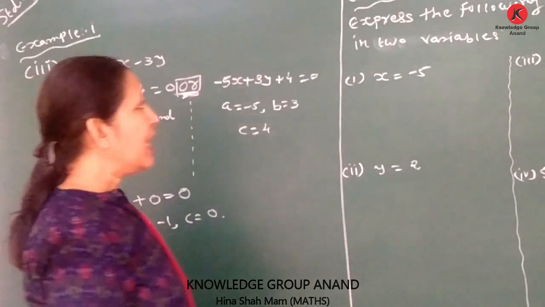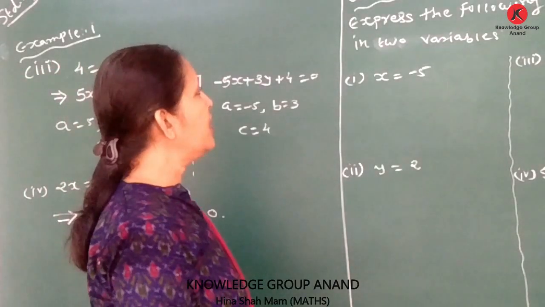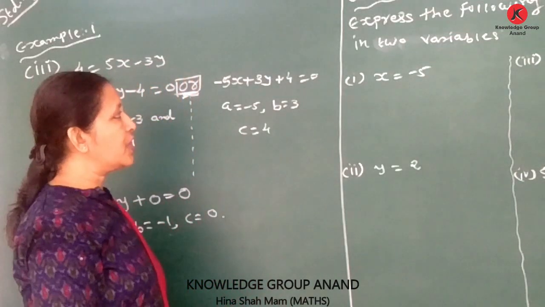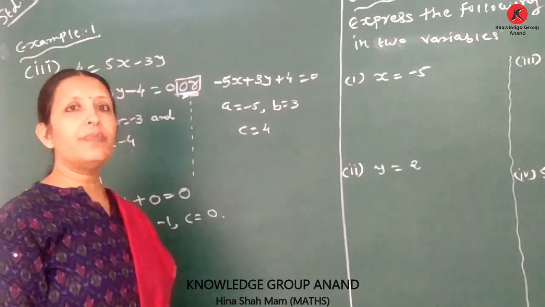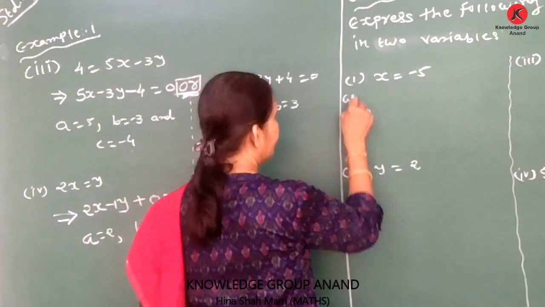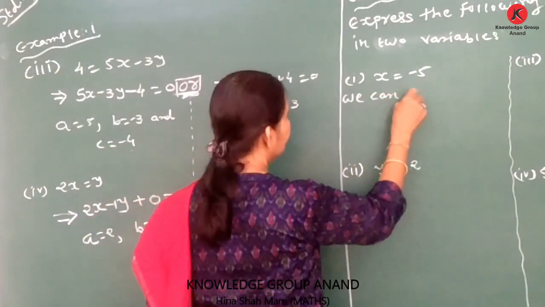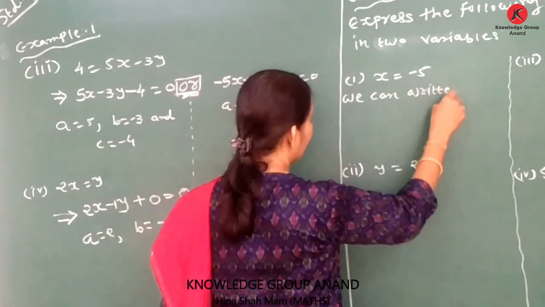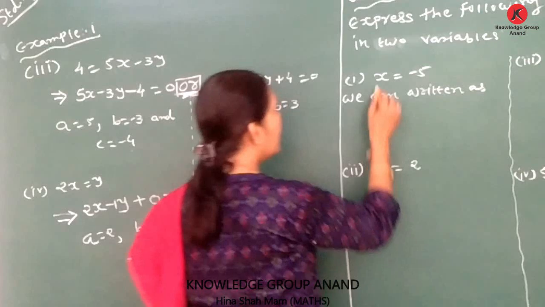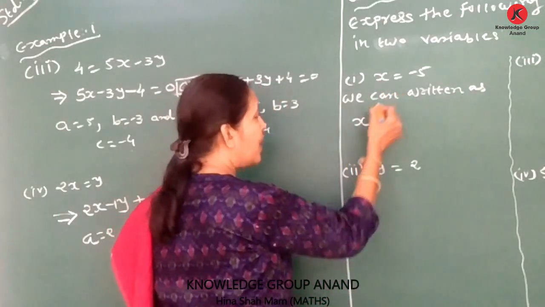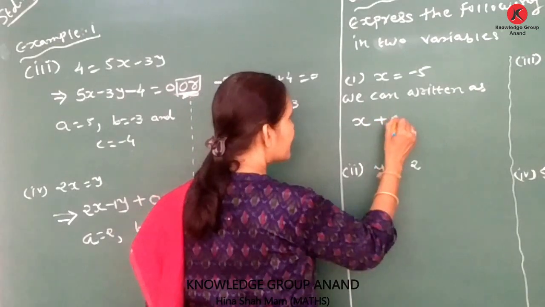Example number 2. Express the following linear equation in two variables. Here the first equation, x is equal to minus 5. Then we can write x is equal to minus 5. Y does not exist, therefore we write plus 0y.